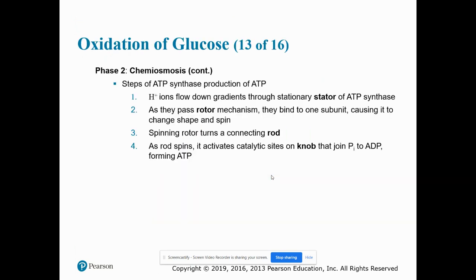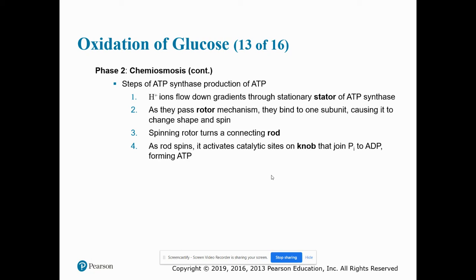All right, phase 2, chemiosmosis. And so these are the steps of ATP production by ATP synthase. The first thing is the protons, or the hydrogen ions, are going to flow down the gradient through the stationary stator of ATP synthase.